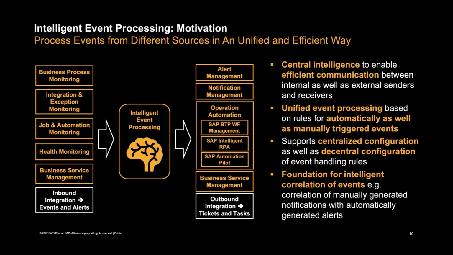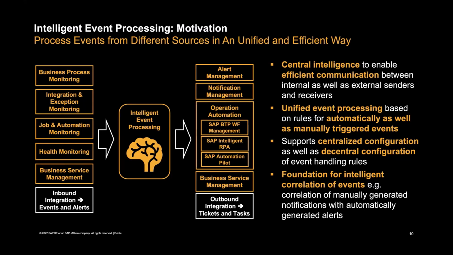It provides a unified runtime and a unified configuration for defining what should happen with the events. If such an event occurs, how should it be forwarded to the relevant consumers? Should it be sent as an alert email? Should it be opened as a message in your chat tool? Should it be opened as a ticket in your ticket system, and so on?